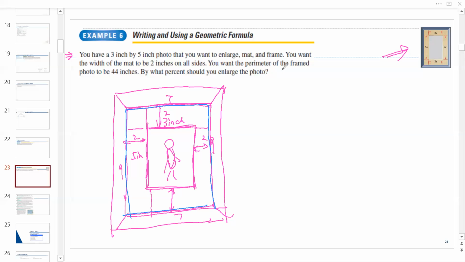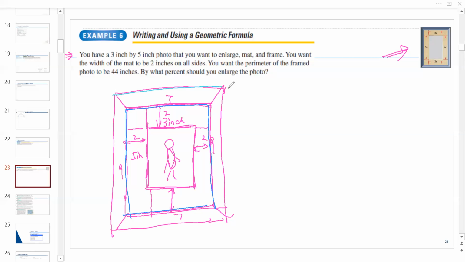So you want the perimeter of the framed photo to be 44 inches. All right, so you need the perimeter of the final one, the outside one. Oh, sorry, this one.